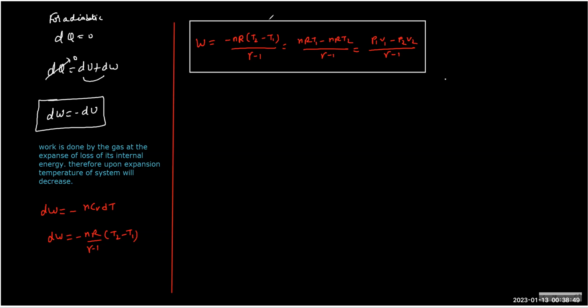I hope this is clear, guys. Let's say you are not interested in this method. You can say work equals to PdV, right? And we know PV^gamma equals to constant. So we can write C by V^gamma, I mean, we can replace like this, right? And we can integrate from V1 to V2. So dV by V^gamma, minus gamma.